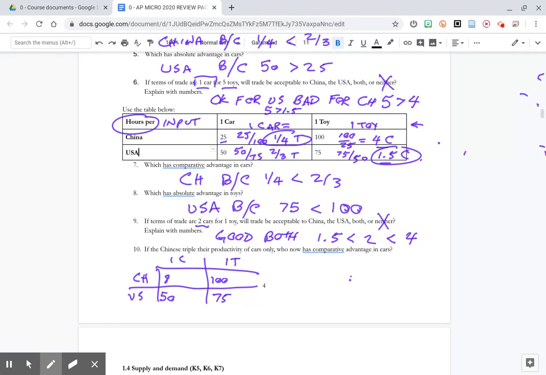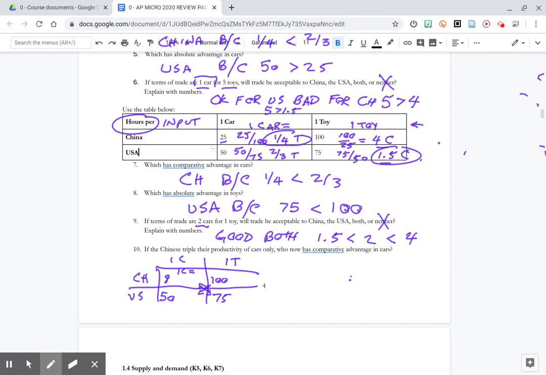And what we can do is 2 ways of solving this. One is we can use what's called the quick and dirty method, which is cross multiplying basically 8 times 75 and 50 times 100. And because it's an input problem, we choose the smaller value. And whichever one is smaller tells us the comparative advantage, or we can solve it just like before. So for our purposes, we can do 1 car is equal to the inside number over, so that's 8 over 100.